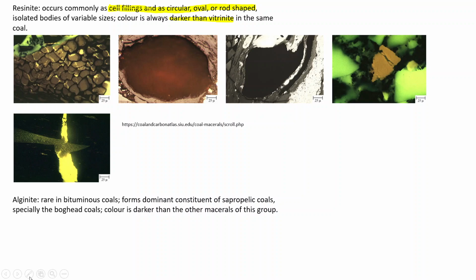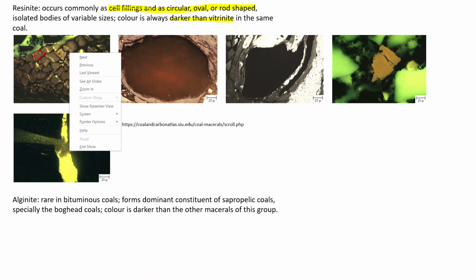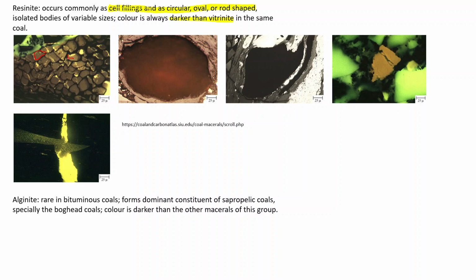Now, in the first photograph, which you are seeing, it shows the cell structure. The cell structure is telinite. But in the fluorescence, the yellowish colored infilling, this is resinite. So these are the cell infillings.